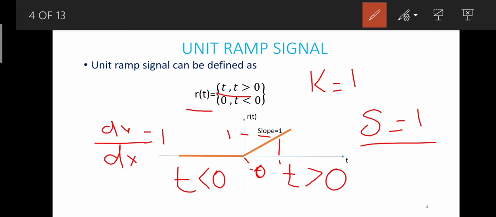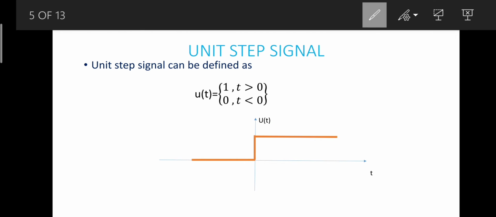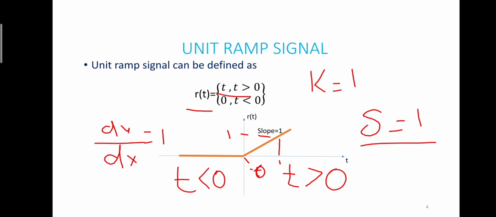Which means here the dy by dx is equal to 1. Let's compare the unit step signal with unit ramp signal. We know that the unit step signal can be defined as u of t is equal to 1 for t greater than 0 and 0 for t less than 0. We also know that it is not defined at t equal to 0. That is, the unit step signal is discontinuous at t equal to 0. And in the case of unit ramp signal, this is a continuous signal.